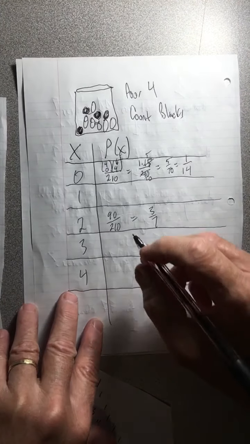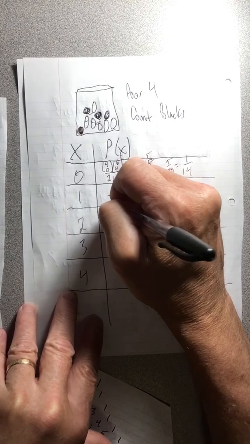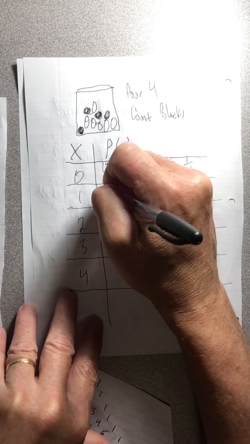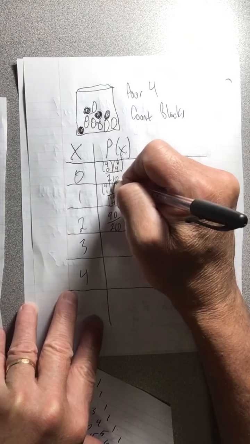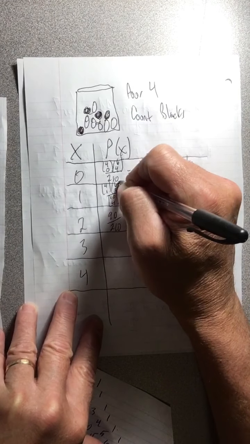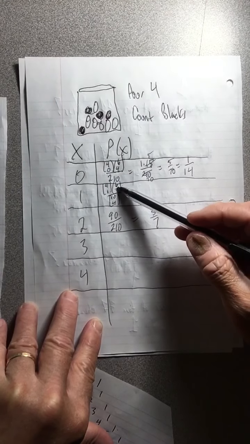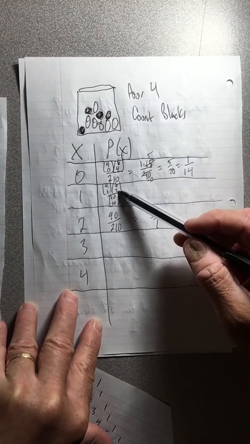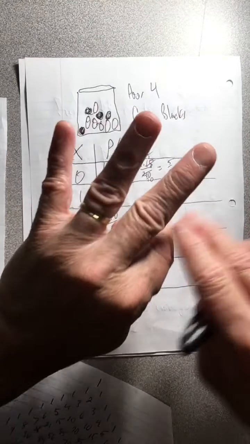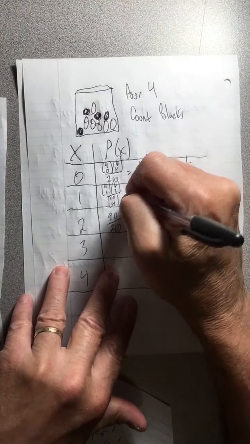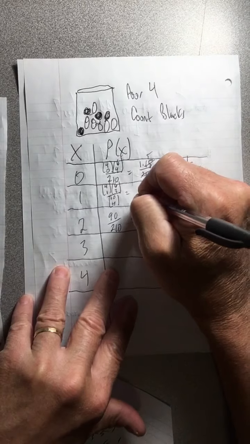Now, for 1 black, we're going to do the 10 choose 4 in the bottom again, but in the top we choose 4 choose 1, because we want 1 black out of the 4. That means out of the 6 whites, we need 3, because we're getting a total of 4 balls, so 3 of them have to be white if 1 of them is black. So again, we know the denominator is 210.